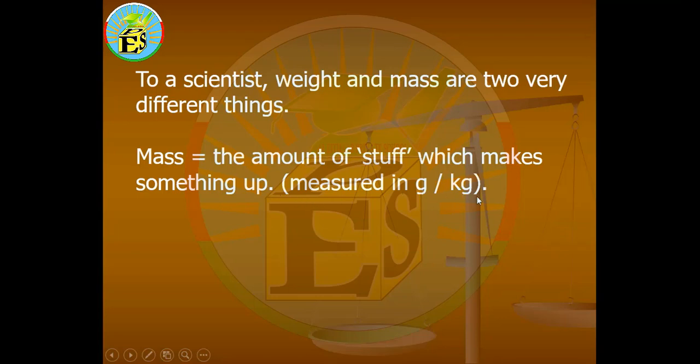Usually we say the apple has a weight of 1 kilogram. Actually, this is not the weight, this is the mass. Grams and kilograms are the unit of mass, not the unit of weight. So this is the one big difference between mass and weight. What is weight and how we measure weight, we will discuss later.